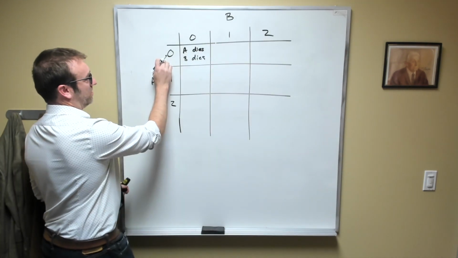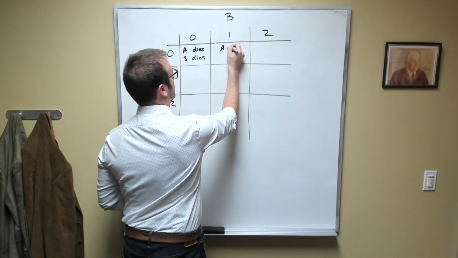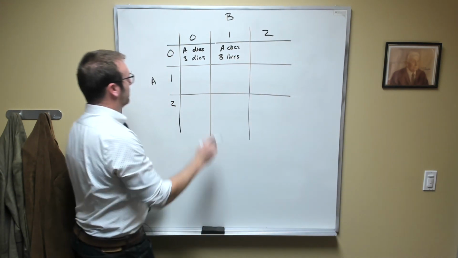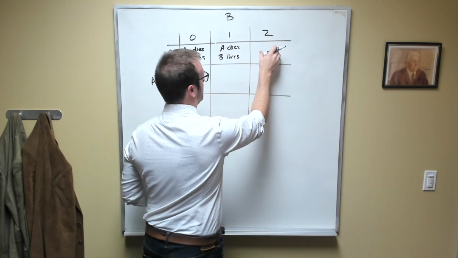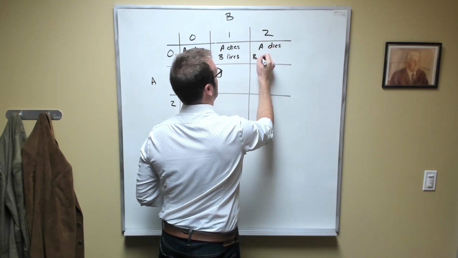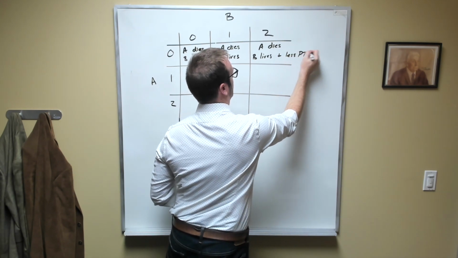If A doesn't get a doctor, but B does, then A dies and B lives. And if A gets no doctors and B gets 2, A dies and B lives and less physical therapy.